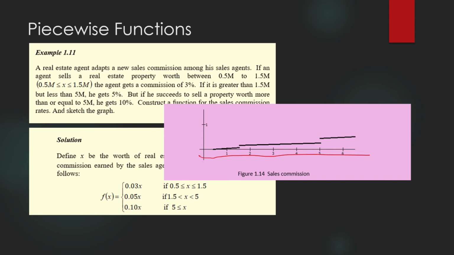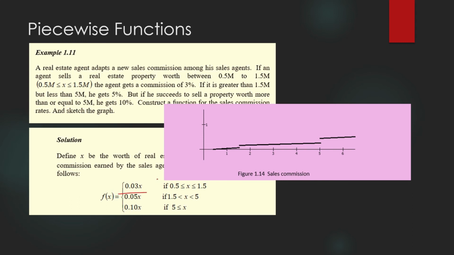It's the sales, the amount of the real estate property that is sold in million pesos. And the vertical axis is the amount of commission earned in pesos by the sales agent. So from 0.5 to 1.5, this is how we define our function.